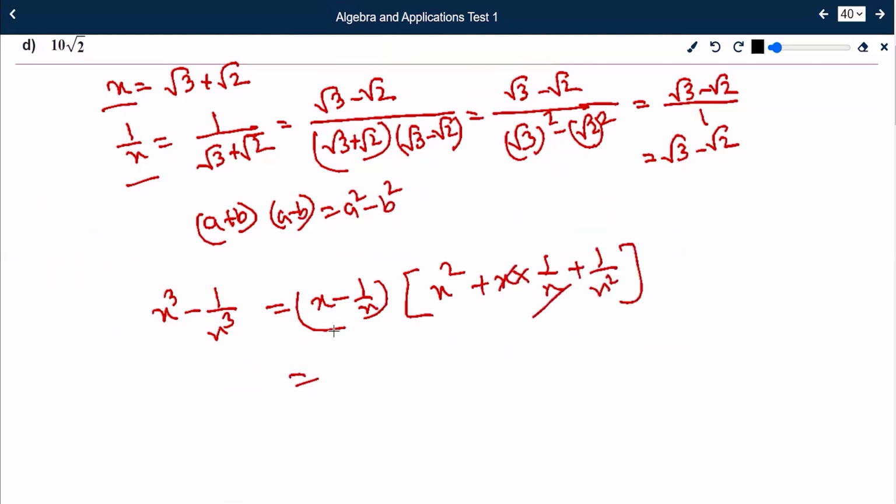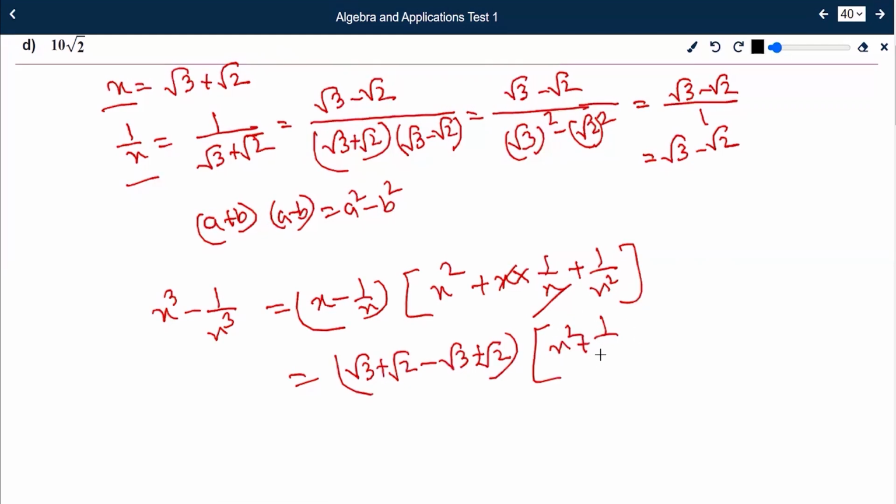We already know the value for, okay, so here we have to put the value for x and 1 by x as well. And in a bracket, we are having x square plus 1 by x square plus 1, correct?